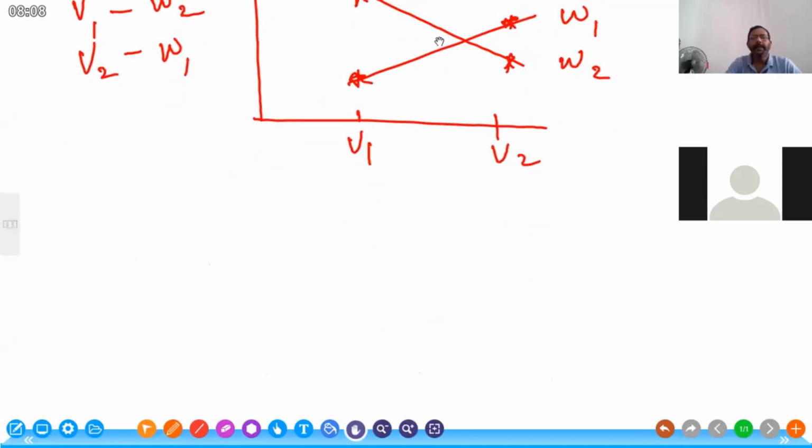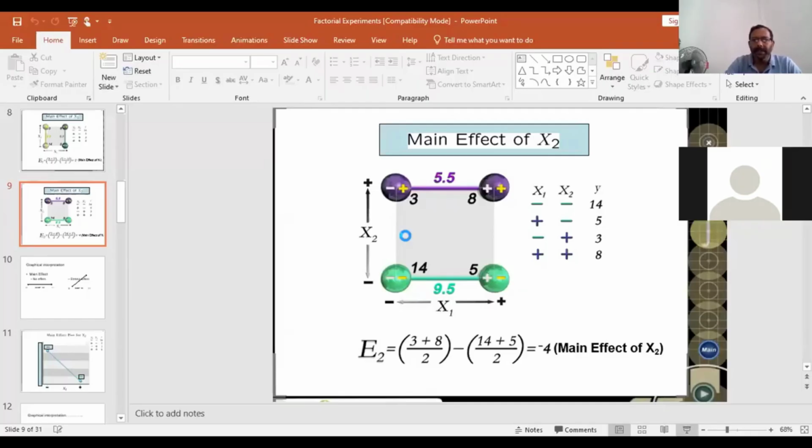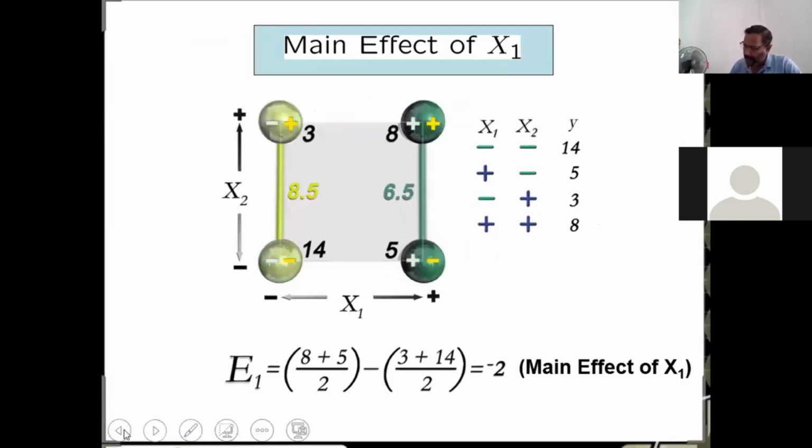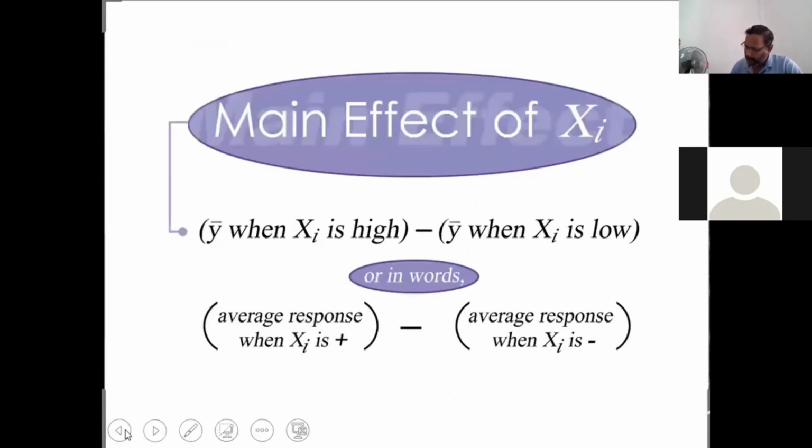Now further, I want to talk about this interaction a little further. Last time I just showed you how to calculate the main effects, and we also said what are the conditions for main effects. How we can calculate the main effects, that we have seen: the average of the lower level minus the average of the high level.